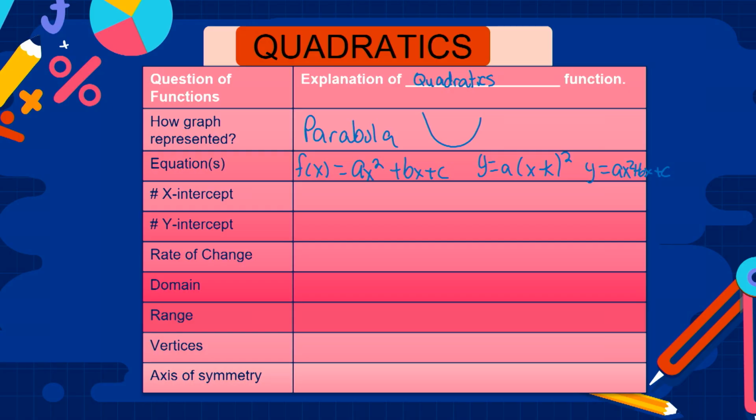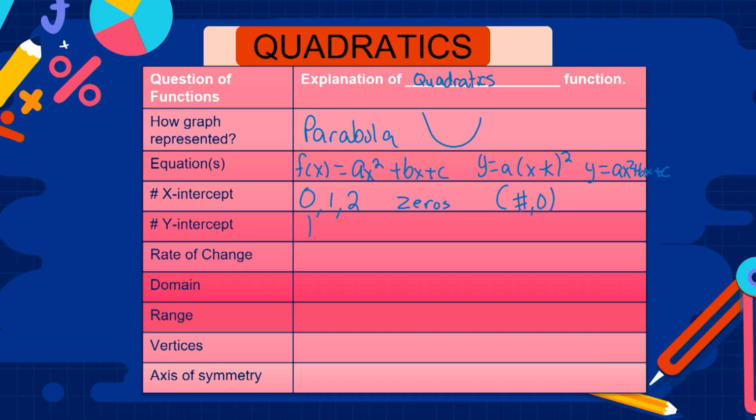Now let's look at that x and y intercept. Now, unlike linear, when I talk about my x-intercepts, I am either going to have 0, 1, or 2. We also call these x-intercepts zeros. And it looks like a number and a 0. Now my y-intercept, we are going to usually have just the 1.